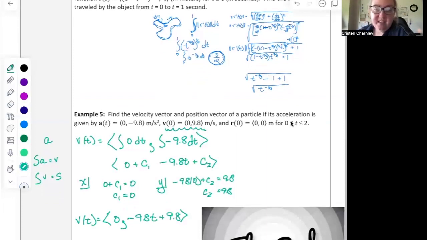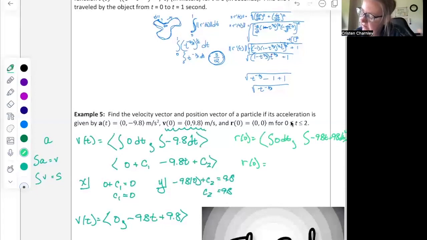Now, how do I go from velocity to position? You are going to integrate one more time. So my position vector, r of t, is going to be the integral of 0 dt and then the integral of negative 9.8t plus 9.8 dt.